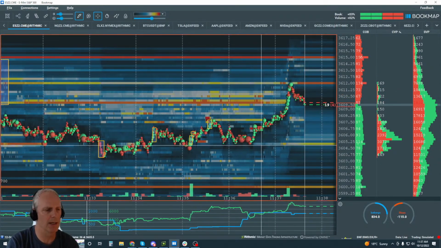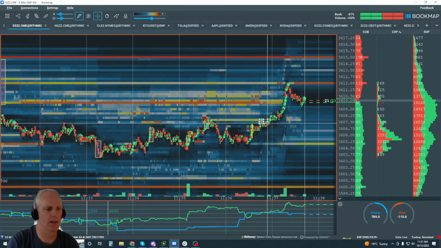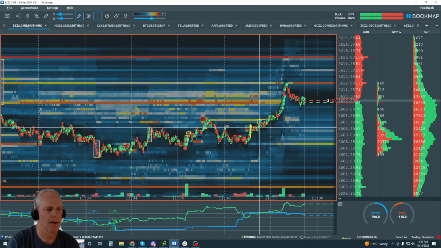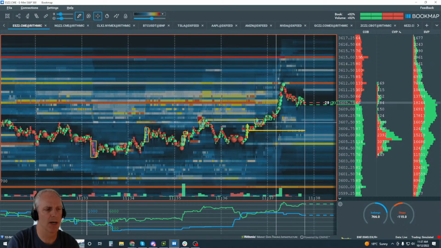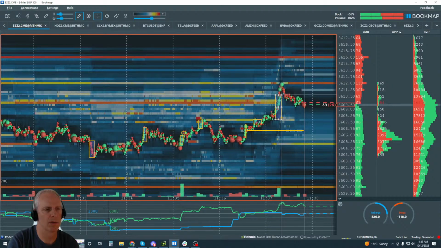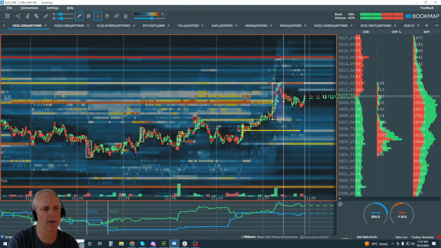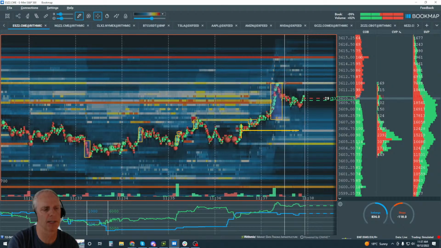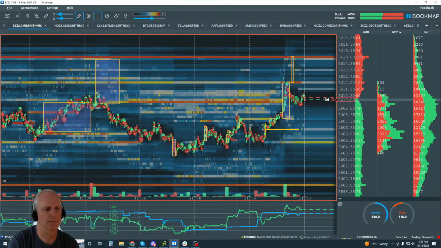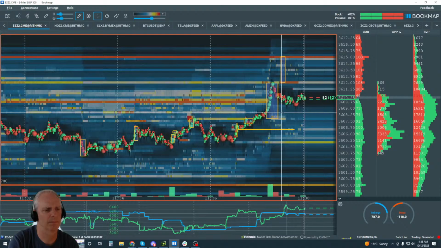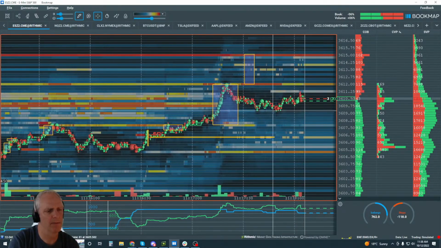So here we got it here, and a little bit up here, and then we look for a pullback maybe to here, and then continuation on up into 10, on up to 12, and then still we can get to 15 here. Okay, what about this pullback? Not bad.